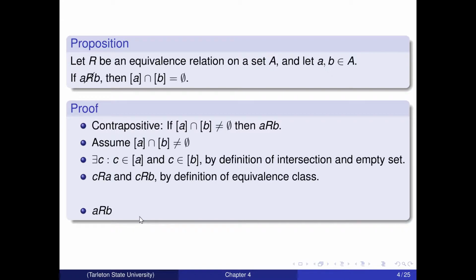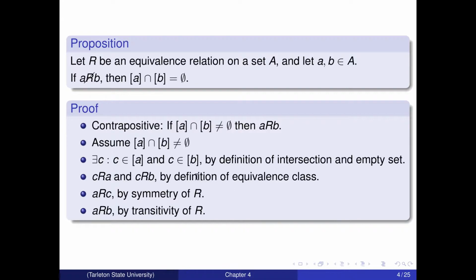And of course, at this point, we can start using properties of the equivalence relation R. We can use symmetry of R to change the order of C and A here. Now we have A is related to C, but this is another example of a chain. We have A is related to C, we have C is related to B, and therefore A is related to B by transitivity of R. And so we're done with this proof.